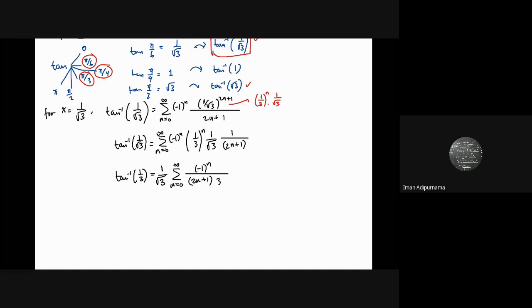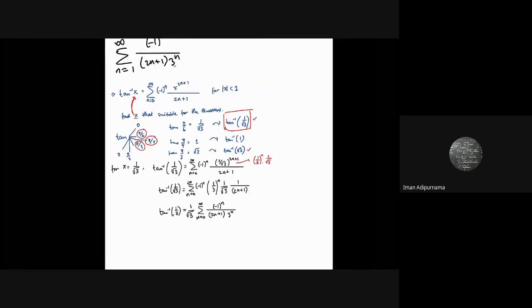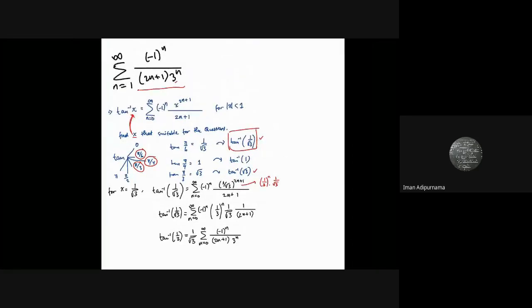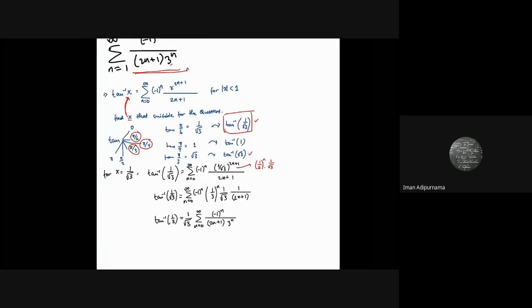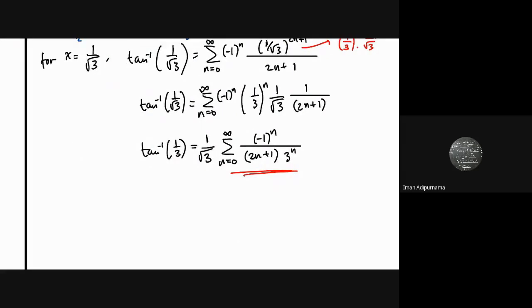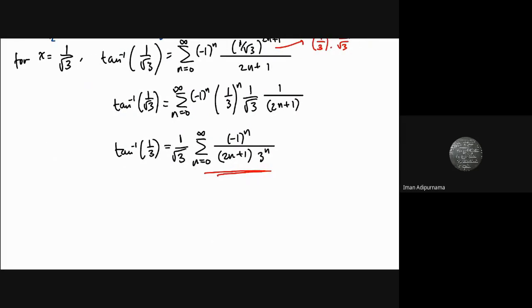And 3 with n. So we have now our sum, right? This part is already the same as this part, right? And we need to finish these equations and find what is the sum of this series here.